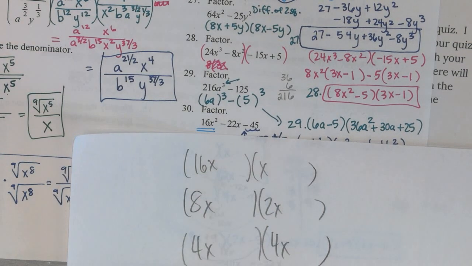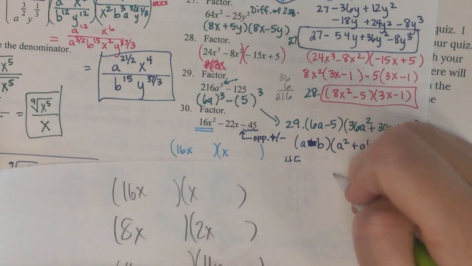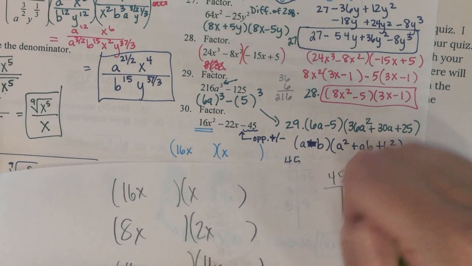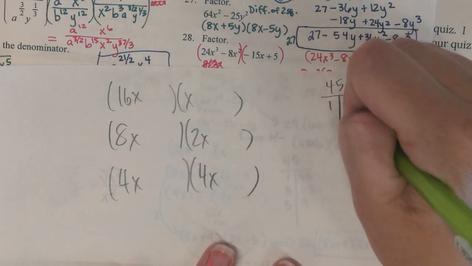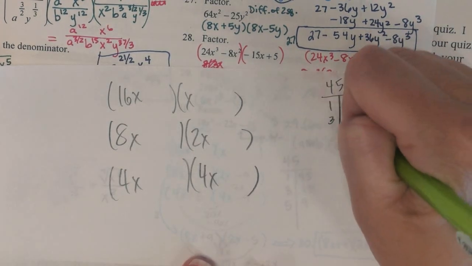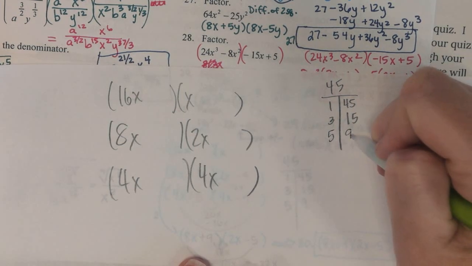So we got to start with what we know. And then the negative 45. I make little T-charts so I know what my options are. I either have 1 and 45, 3 and 15, 5 and 9. Did I miss any?